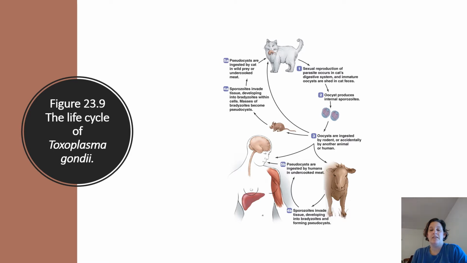Basically, that becoming a cyst process is driven by the fact that the human or the mammal's immune system is able to start fighting off the infection. But T. gondii are tricky, and so instead of just dying, they move into these pseudocyst forms until they find a more hospitable environment, which would be a new host.